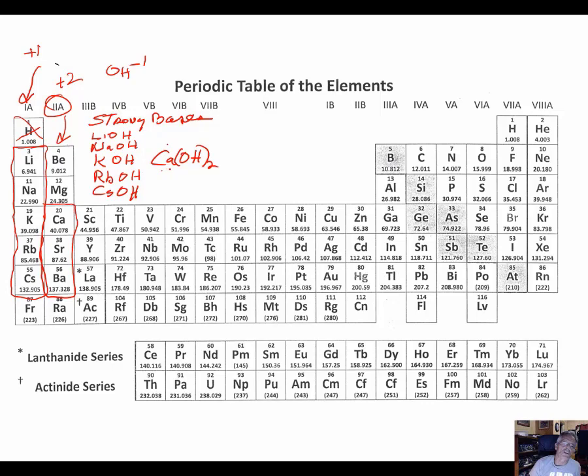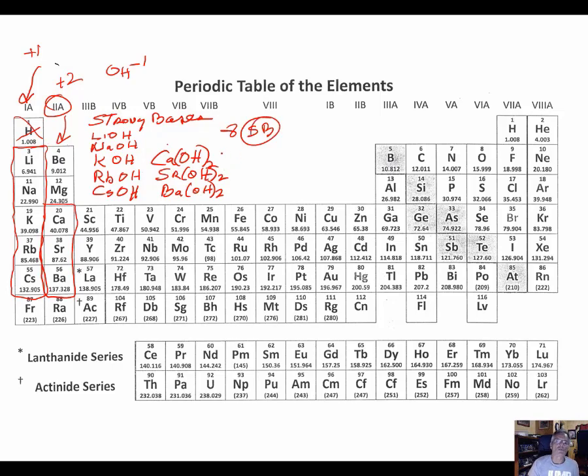And then strontium hydroxide, same thing. Got 2 hydroxides. And then you have barium hydroxide. And so there you go. You got 1, 2, 3, 4, 5, 6, 7, 8. 8 strong bases, guys.